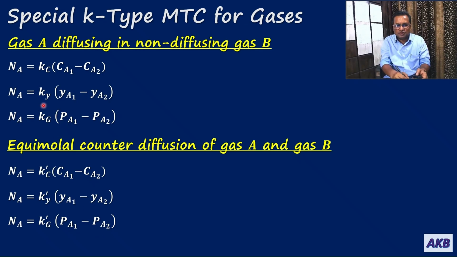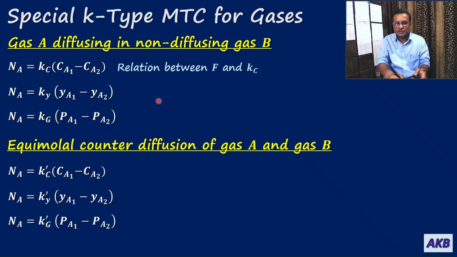So each mass transfer coefficient is different: Kc, Ky, Kg, K dash C, K dash Y and K dash G. For different concentration gradients and different cases, you have different mass transfer coefficients. Similarly, we had defined special K-type mass transfer coefficients for liquids. Now let us know those defining equations.